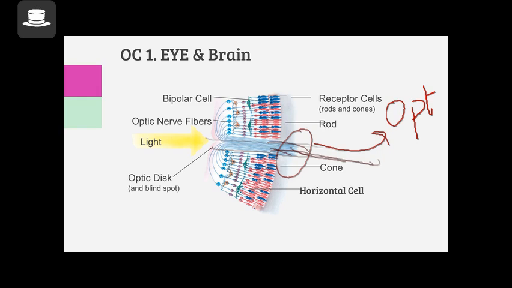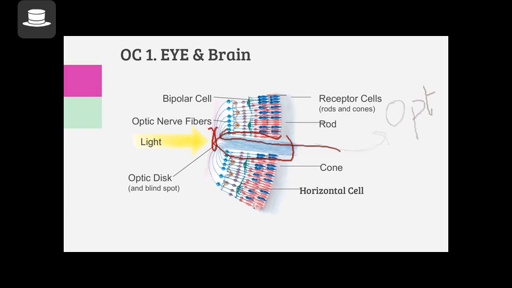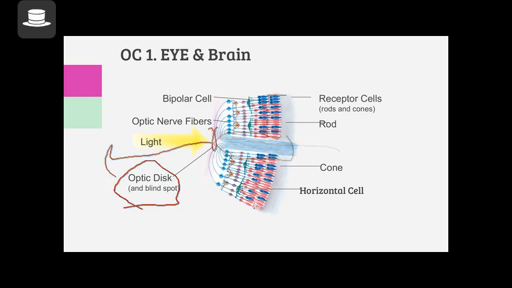So the axons of the ganglion cell layer go through a specific part of the eyeball where there are no photoreceptors. This is the part called the blind spot or the optic disc. This is a part where the ganglion cell axons form a bundle and come out of each eye as optic nerves.